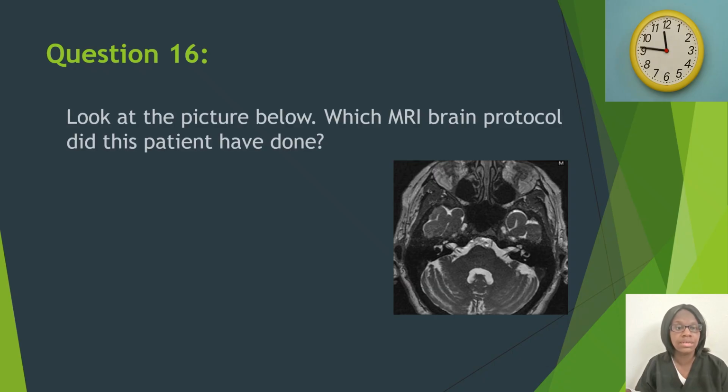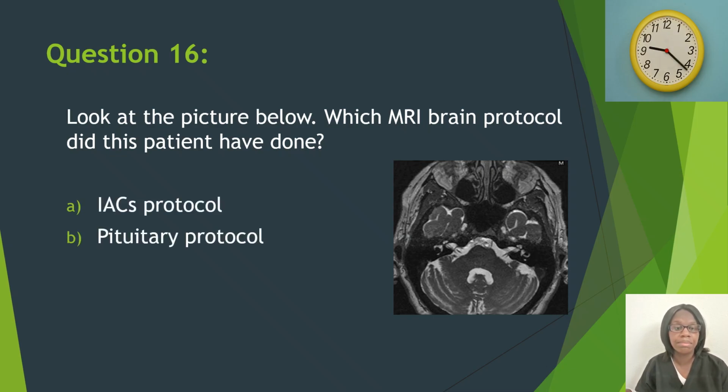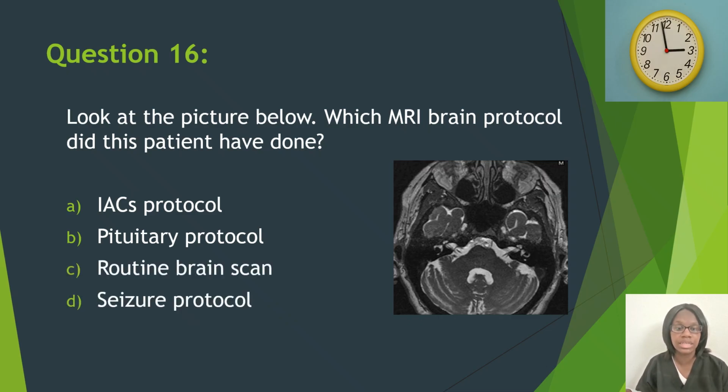Question 16. Look at the picture below. Which MRI brain protocol did this patient have done? A, IAC protocol, B, pituitary protocol, C, routine brain scan, or D, seizure protocol.